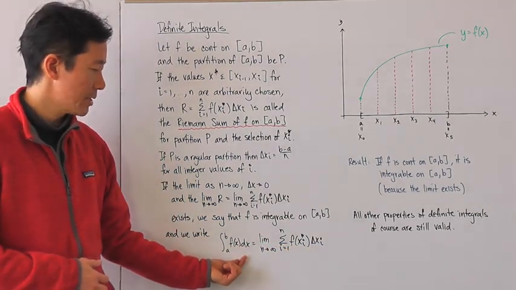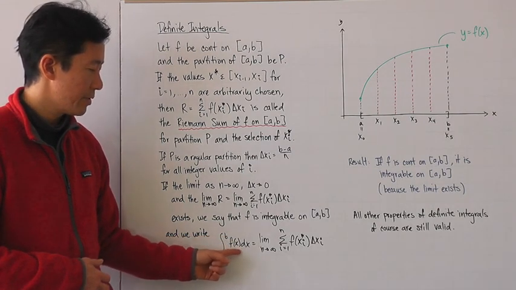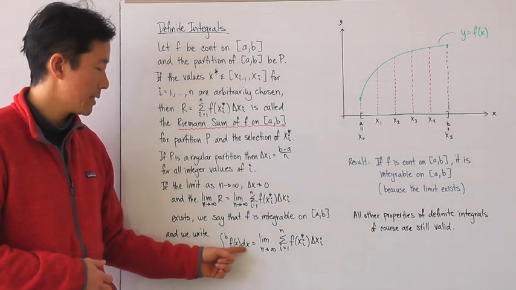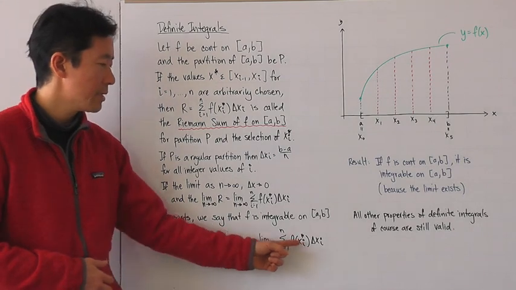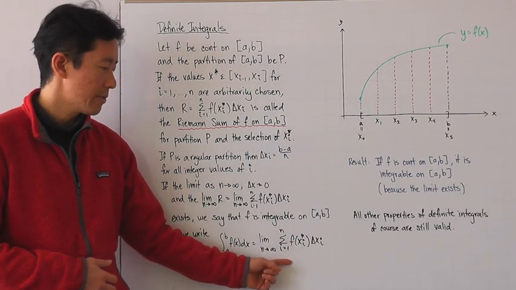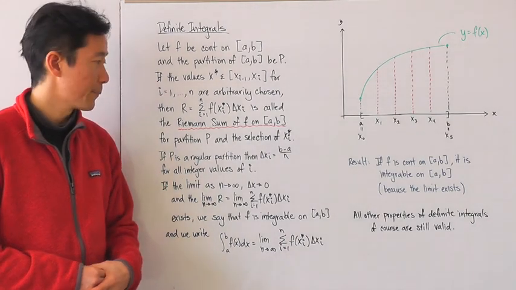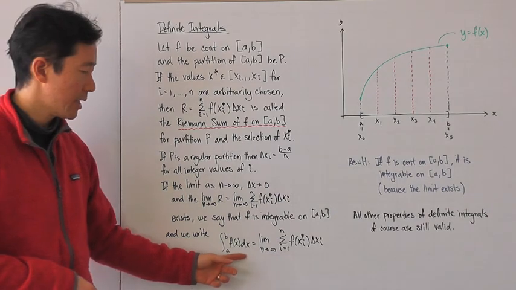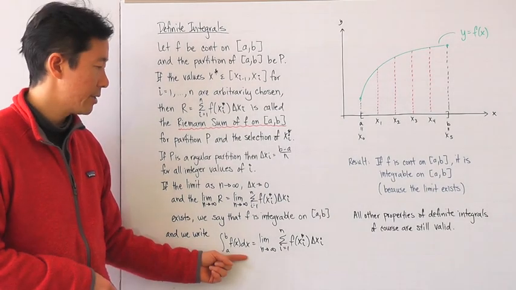The f of x here is going to be our function, and many of us were asking before, what is the purpose of dx? Well, the interpretation of dx, when we write it as a Riemann sum, is the partition width.